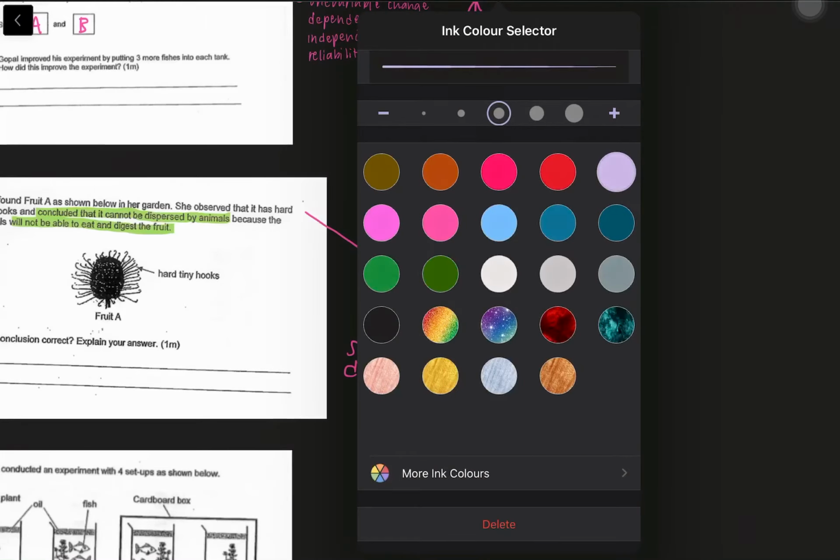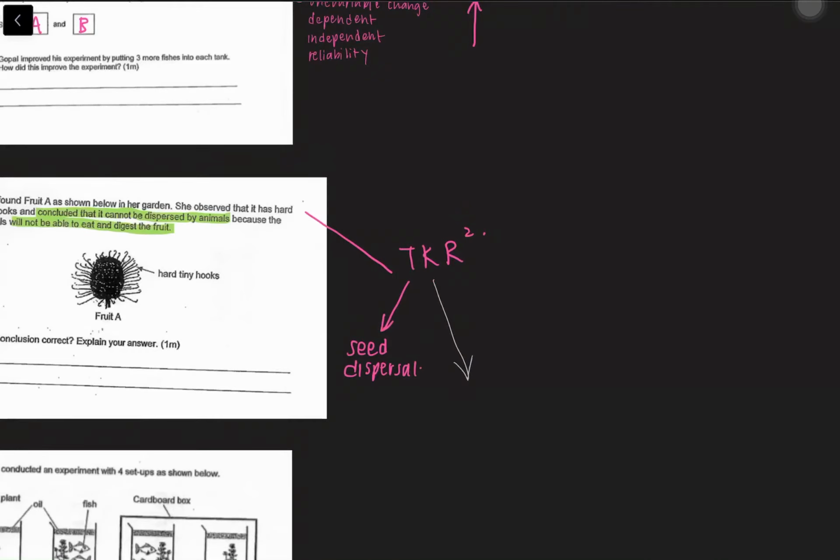Let me just use another color so you can differentiate it. TKR, so keywords. We know about animal dispersal. We know about wind, explosive action, we know about water.